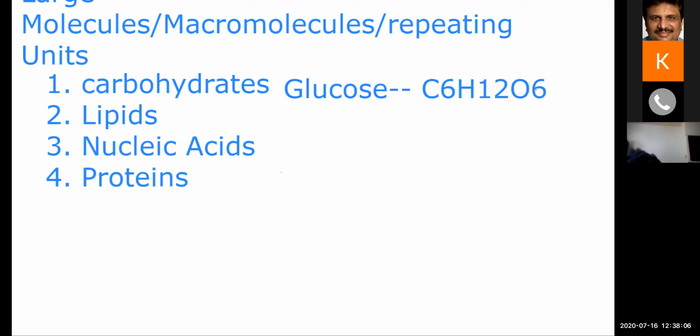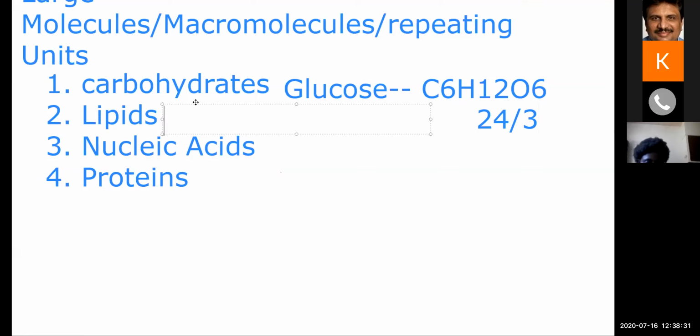How many different types of atoms? 24 total atoms and 3 different types of atoms in a glucose molecule. What are the 3 atoms? Carbon, hydrogen, and oxygen.